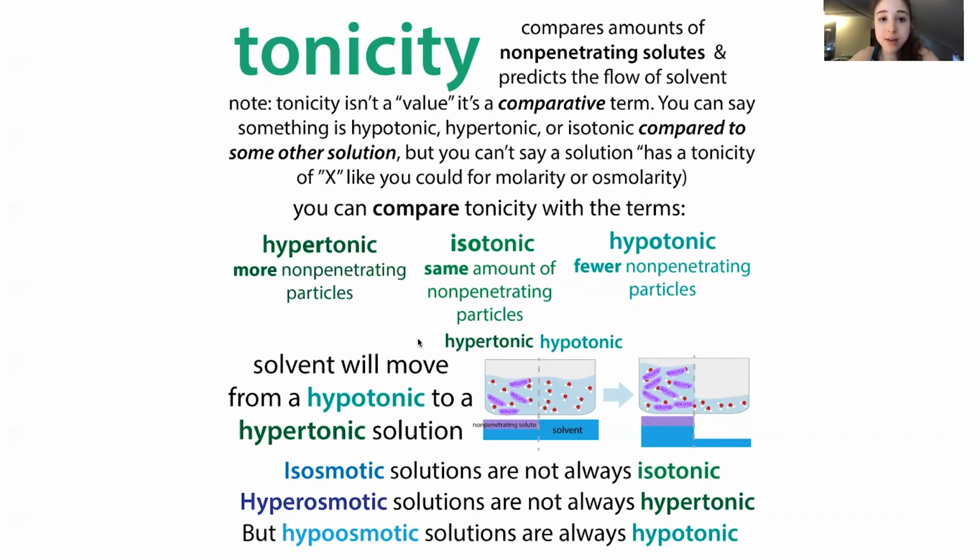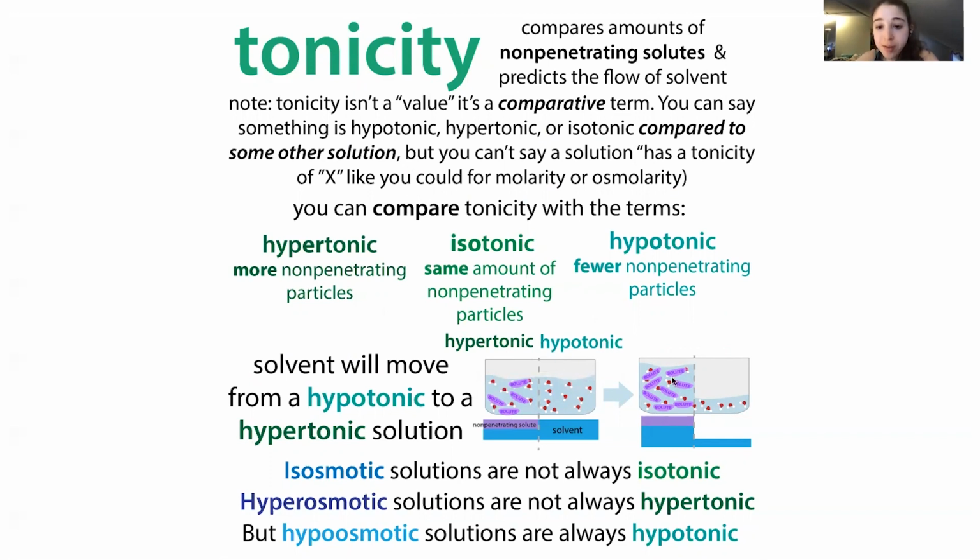So if you have a hypertonic solution, you're going to have more non-penetrating particles. So the side with more of the solute is going to be hypertonic to this side, which has fewer non-penetrating particles, and therefore we call this side hypotonic.